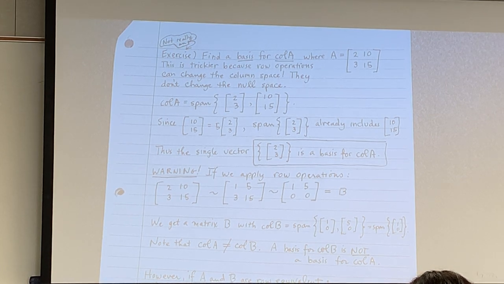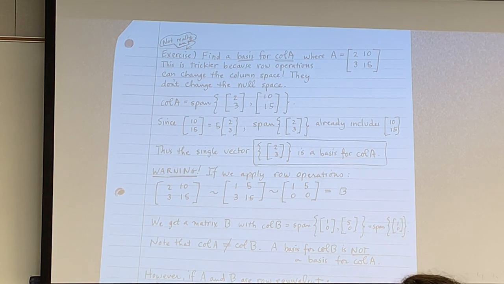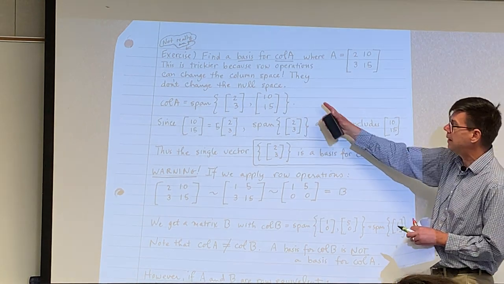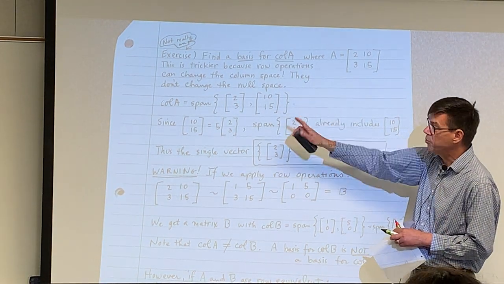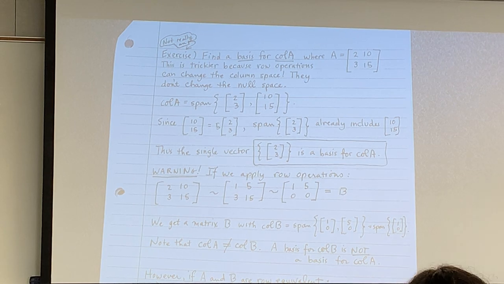Finding a basis for column space of A is trickier, because when you go through row operations, that actually changes the space spanned by the columns of the matrix. And I wrote out the example here right on the handout. The previous one, I didn't write it all out because we've basically done that already. We can just use our answer from 4.2.